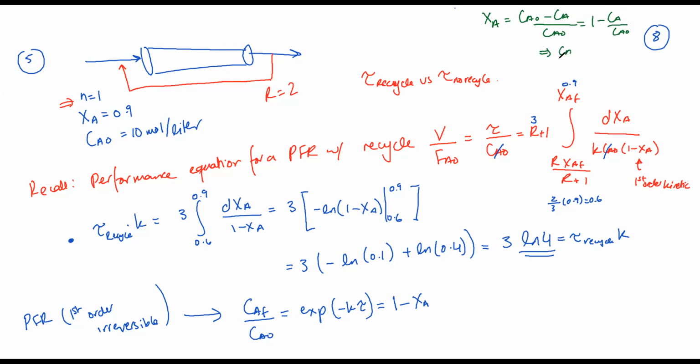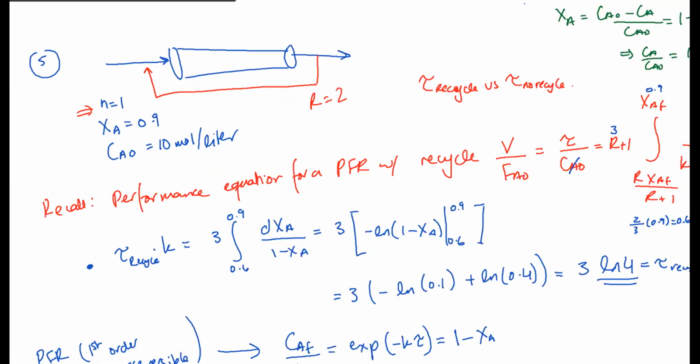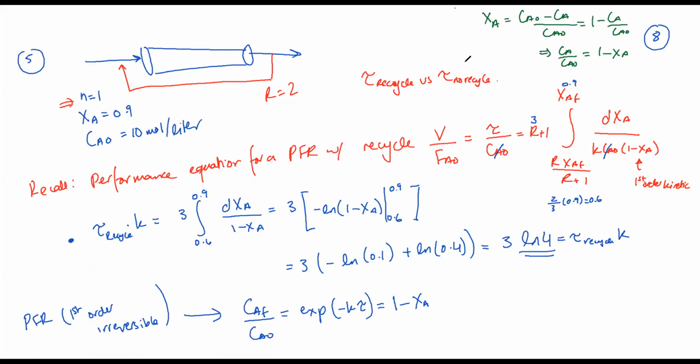So this means that CA over CA0 is equal to 1 minus XA, right? And this is just in case you forgot where we got this parameter from. Okay, let me go back here. So 1 minus XA, XA is 0.9, so this is equal to 0.1. So basically, if I take ln both sides, minus K tau is equal to ln 0.1.